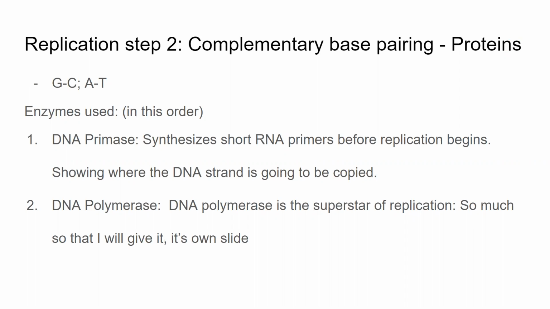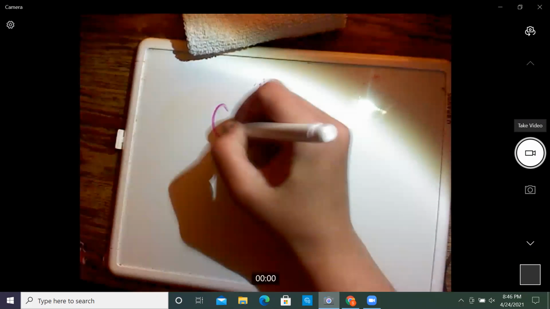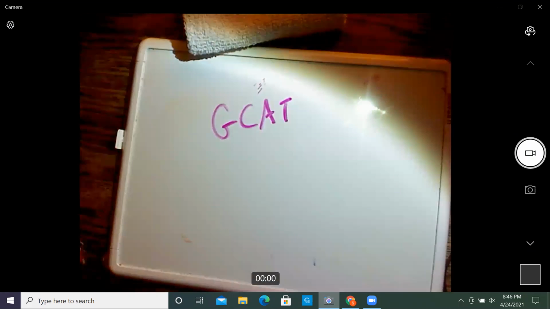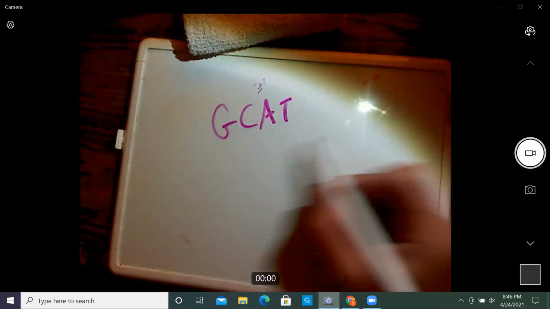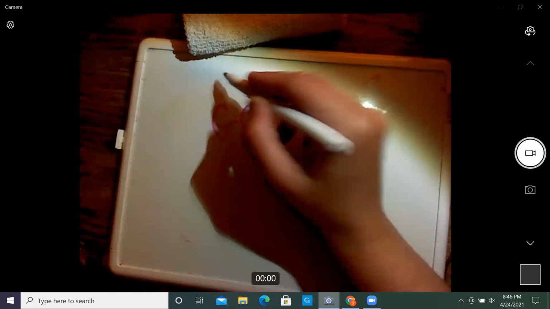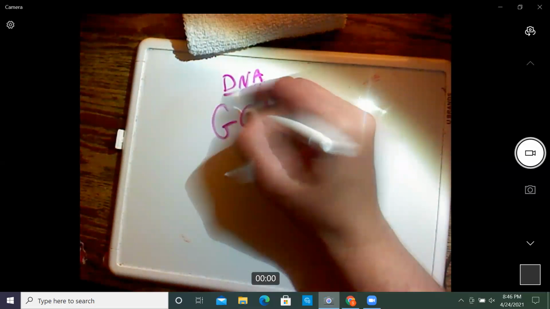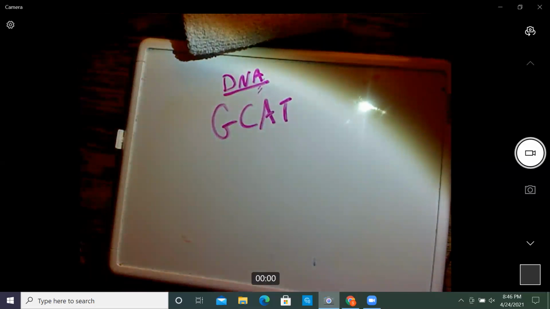A lot of times teachers on this exam are going to throw a question at you like, match up the DNA strands. I'm making this up and keeping it simple for the sake of the video's length. They'll give you a string of letters, a pretend strand of DNA, and ask you to match up the complementary base pairs.